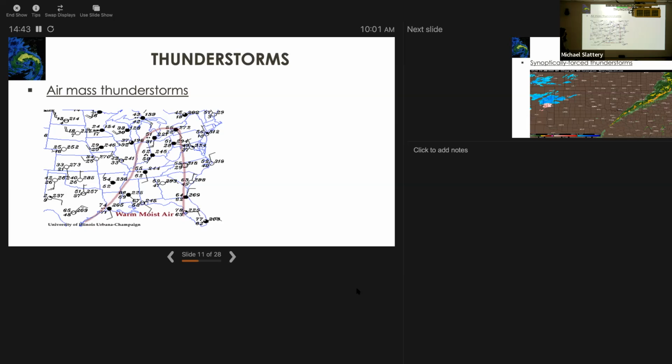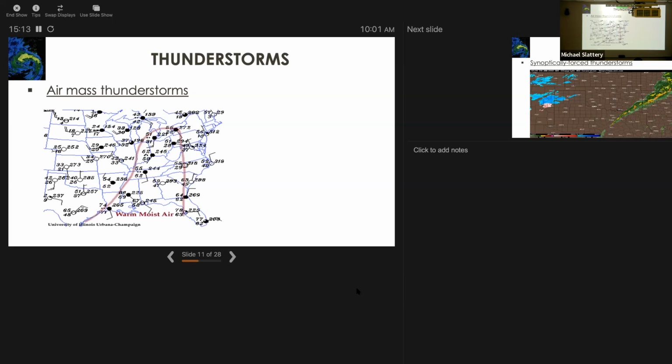And so when you look at this diagram here, now this doesn't seem especially hot, but this is a warm, moist air mass coming in here, temperature of 64, dew point of 62, temperature of 78, dew point of 63, right? Any kind of maritime tropical air coming in off the Gulf of Mexico, especially in spring, summer, and early fall. Thunderstorms will develop because you've got that moisture to tap into, right?